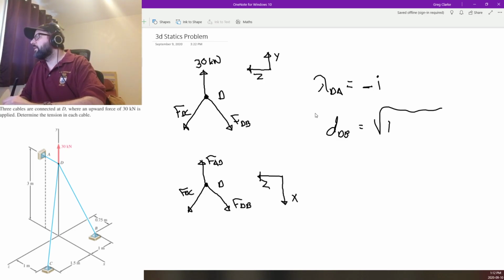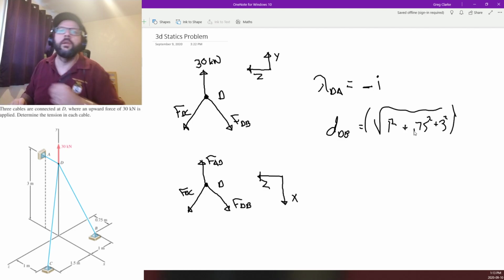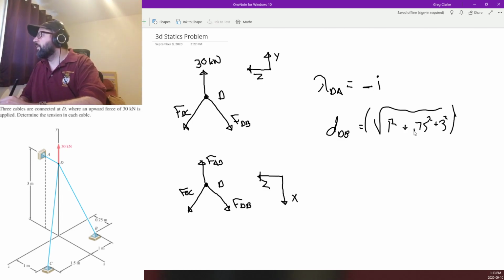I'll write that down. These are all in meters, so I'll just take the square root. It ends up being a meter, so I'll stick the meter term outside. And that ends up being 3.25 meters.